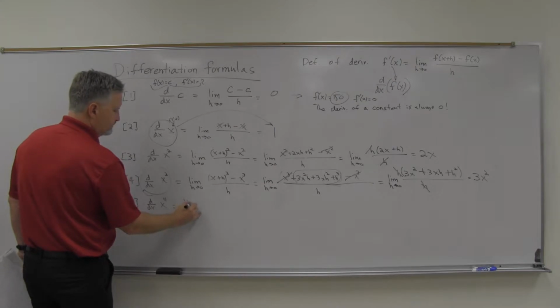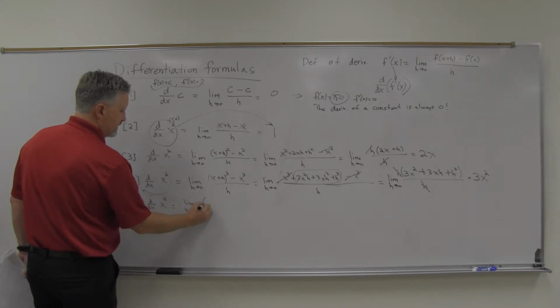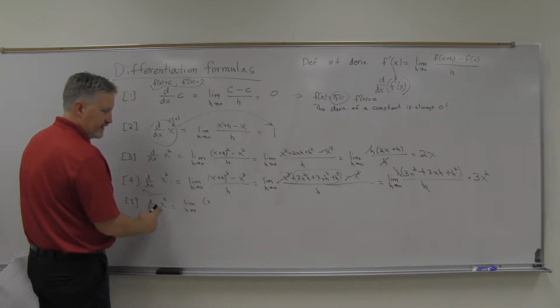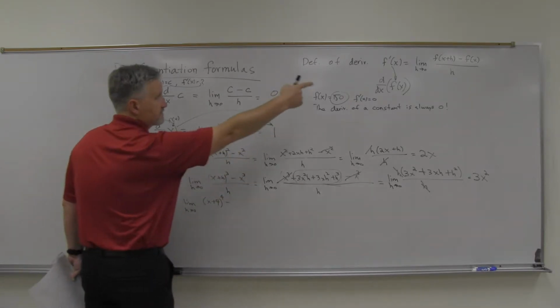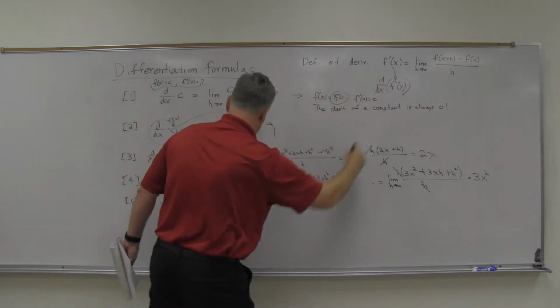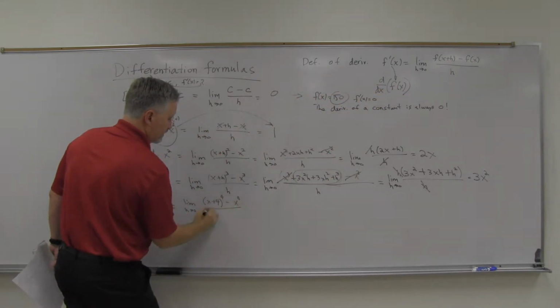We've got the limit as h approaches 0. Well, now it's x to the 4th, so it'd be (x plus h) to the 4th minus, so that's f of x plus h minus f of x, would be minus x to the 4th, over h.